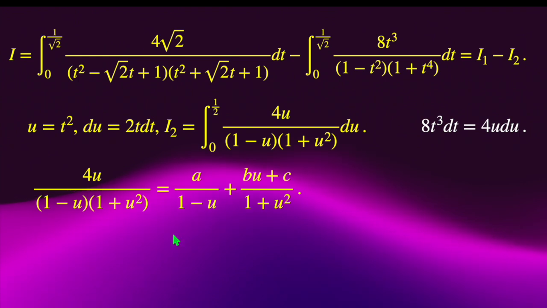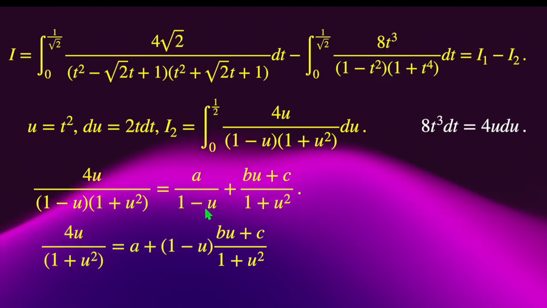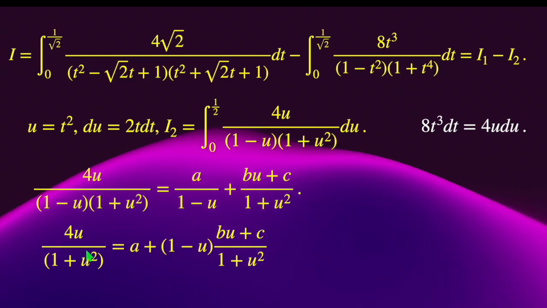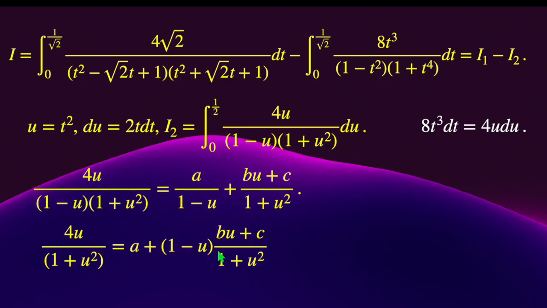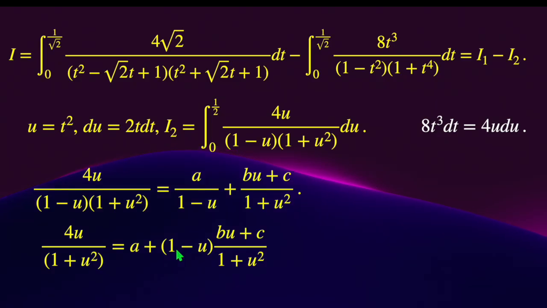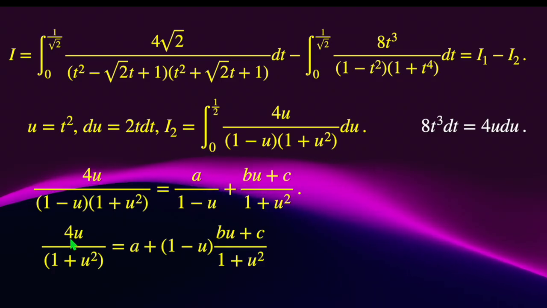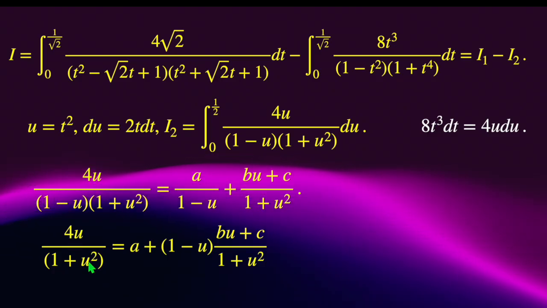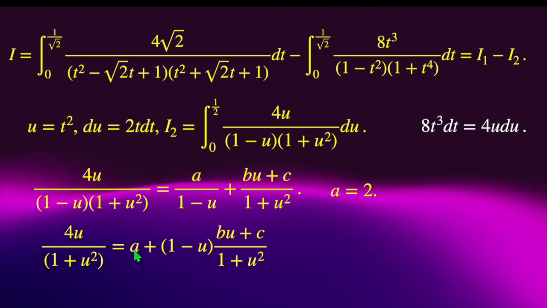The technique here is, first we multiply both sides by 1 minus u, so we get 1 minus u simplify and we get a, and we take u equal to 1. If we take u equal to 1, here we get 0, and here we get 4 over 2. So we get that a is equal to 2.